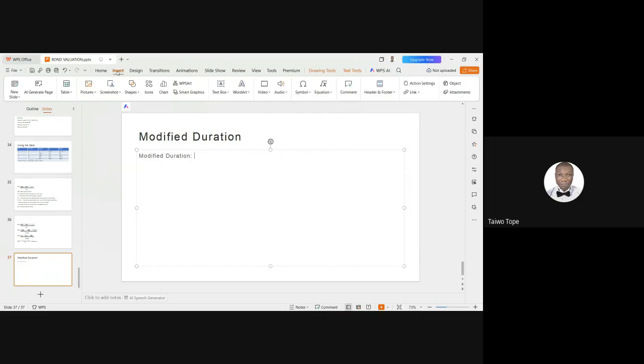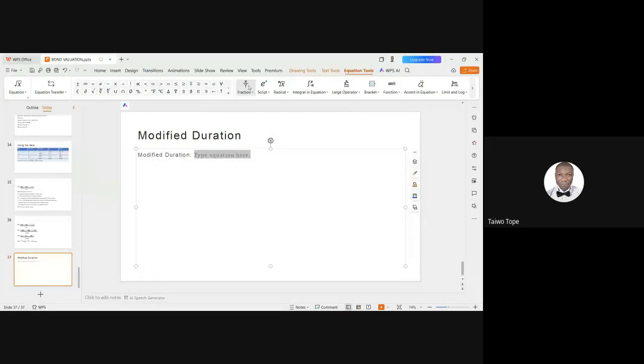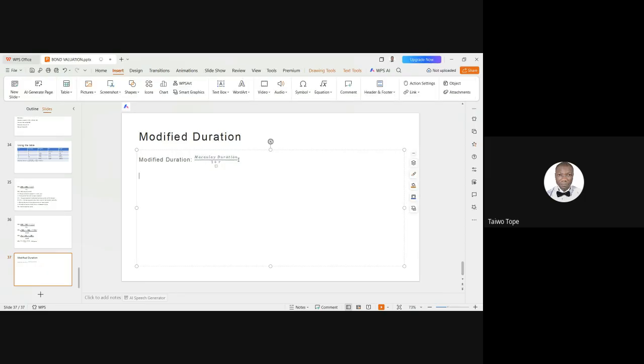So this would be modified duration. We have it as Macaulay duration divided by 1 plus R. And what is your R? It's only your R that you don't know.